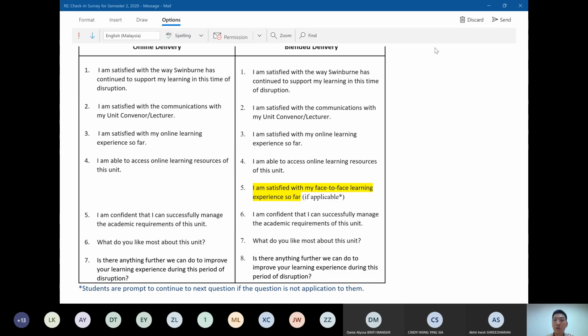Probably I'm going to handle group 4 after the mid-semester break. Your group 4, I think, the tutorial time is every Wednesday and Thursday, right? 11 o'clock to 1 o'clock. So probably I'll join group 4 after the mid-semester break. Group 2 and group 3 are still the same, no change.